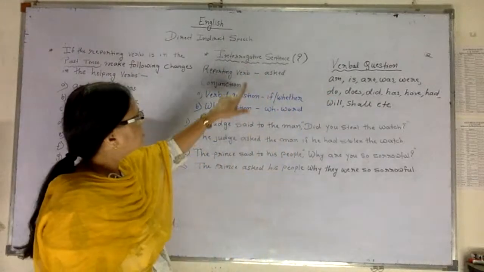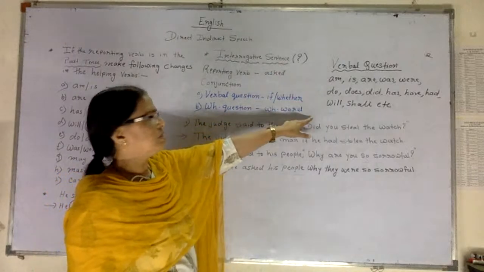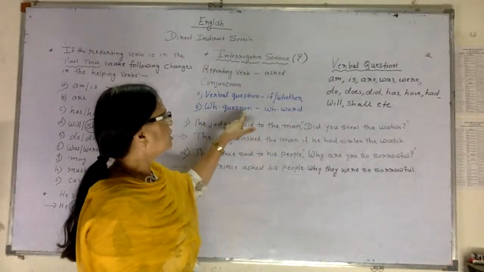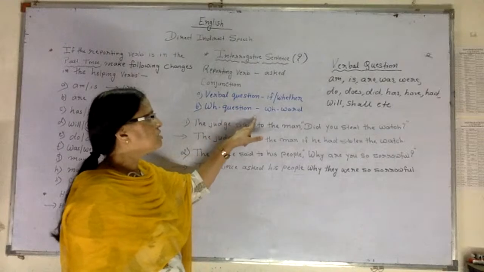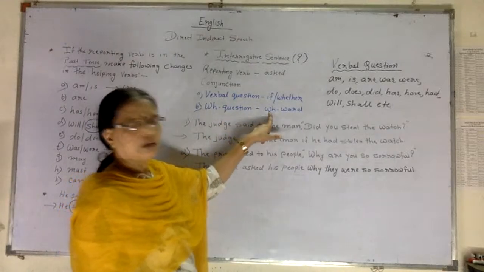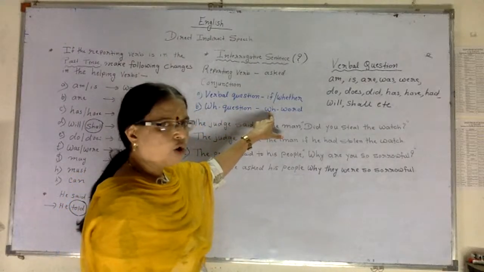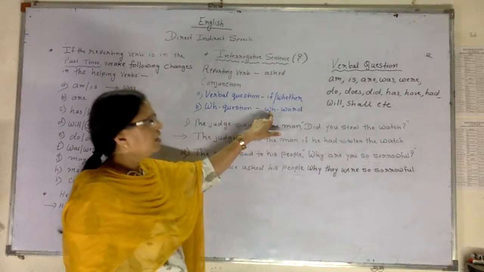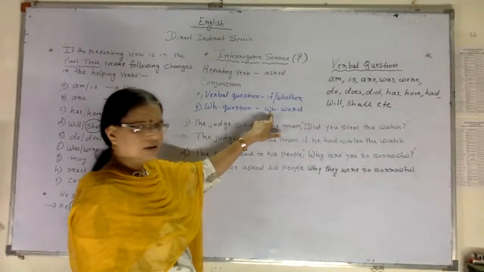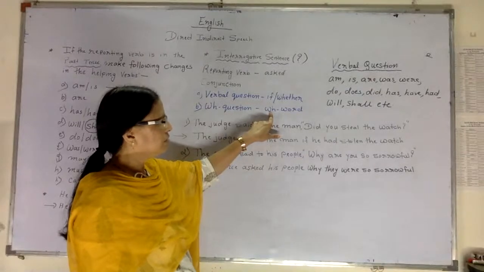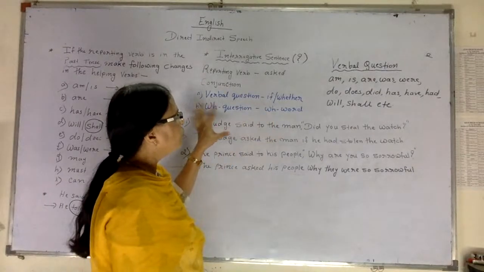So there are two types. The first is the verbal question, and the second type is the WH question, the questions which begin with a WH word, that is what, when, where, how, which, etc. Okay. Now what happened here?